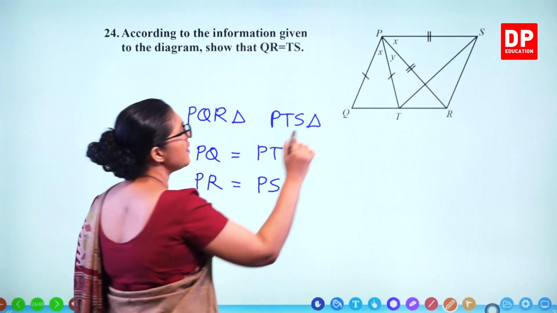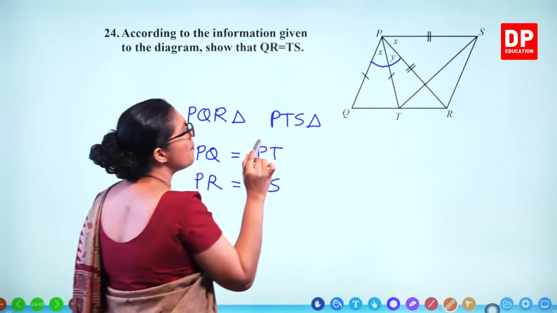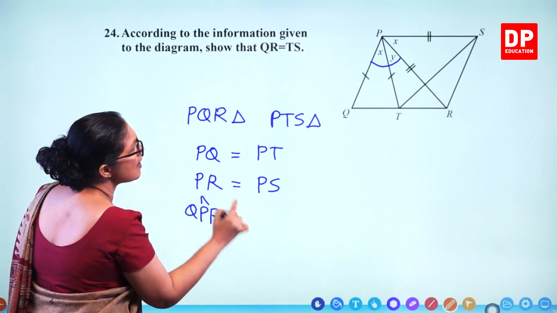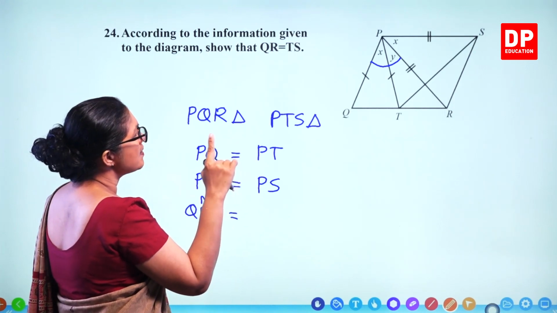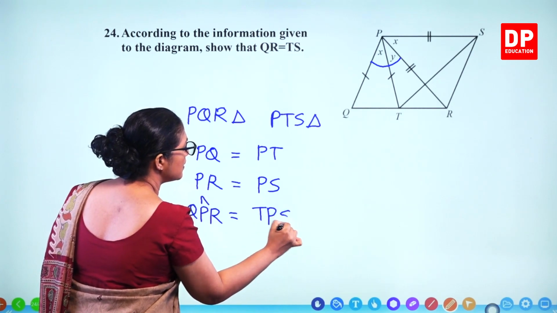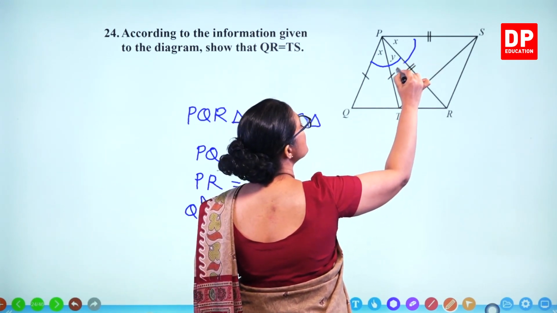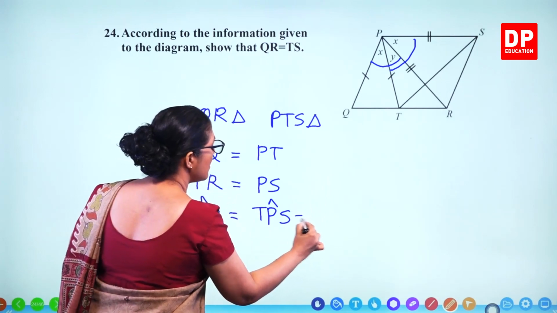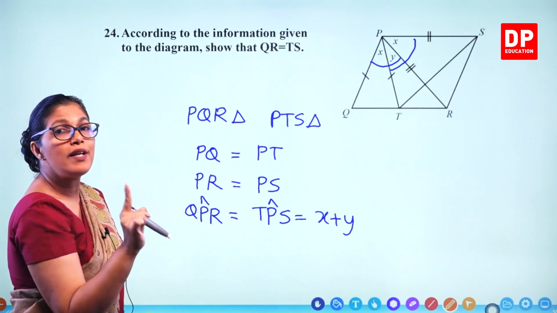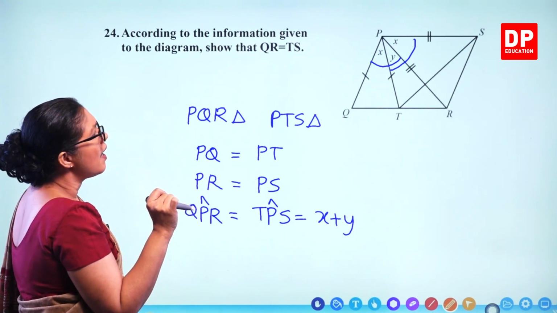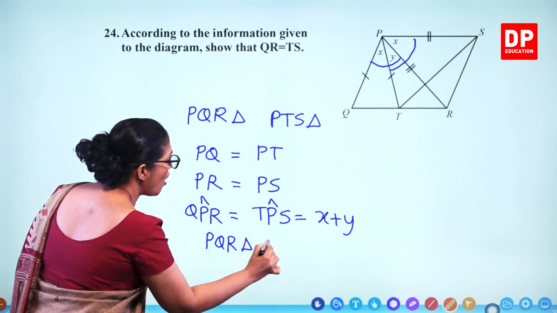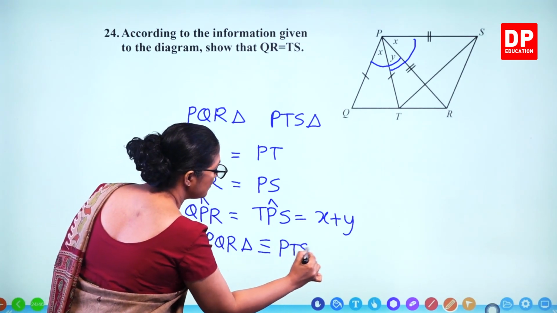Now think about the angle. So this is QPR angle is X plus Y. What is the other angle? TPS angle. That's also X plus Y. Can you see? These two angles are X plus Y. Now, two lengths and included angle are equal. That means PQR triangle is congruent to PTS triangle.